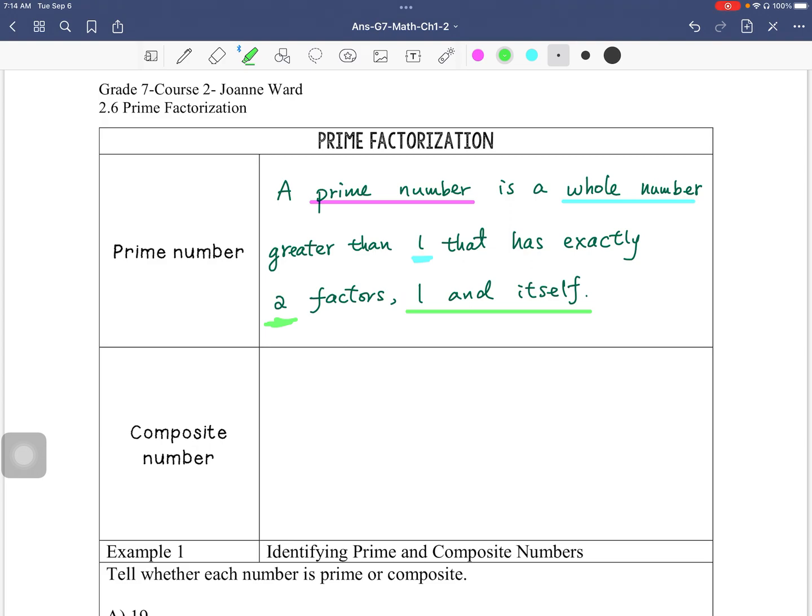So what is a composite number? A composite number is a whole number that has more than two factors.